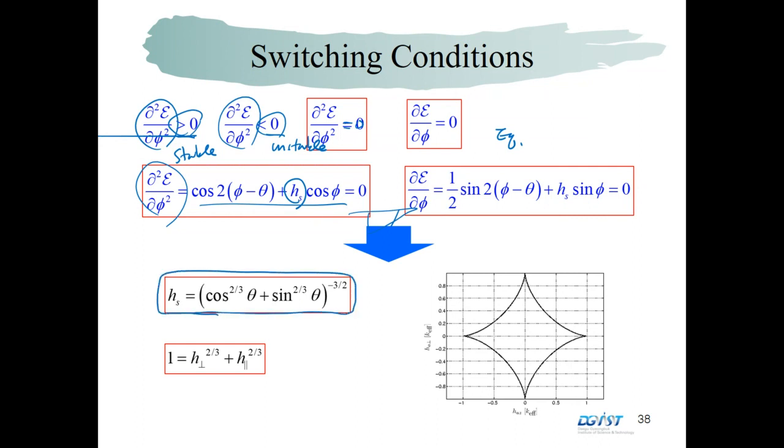You can eliminate the angle phi, then the switching field is a function of theta here. And this theta we can also replace by cosine theta for the h perpendicular direction and sine theta for the h parallel direction to the z-axis.